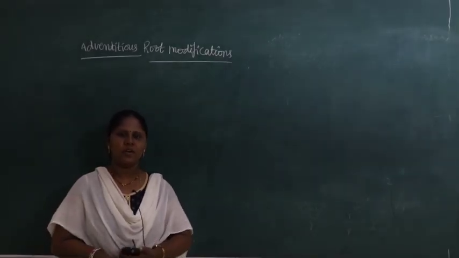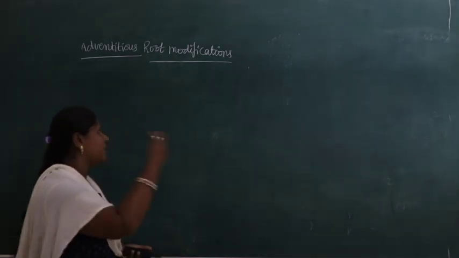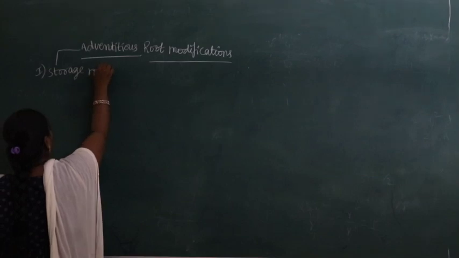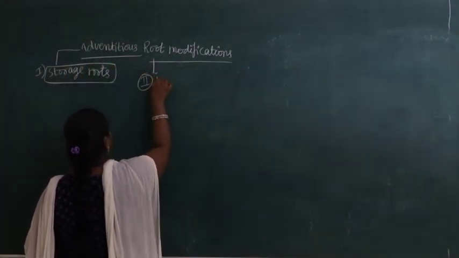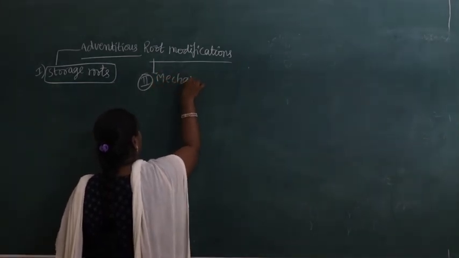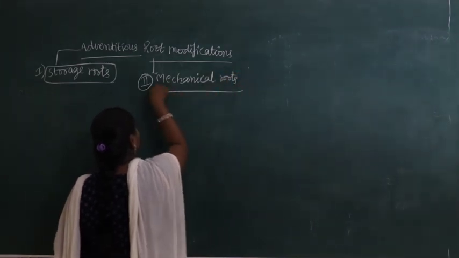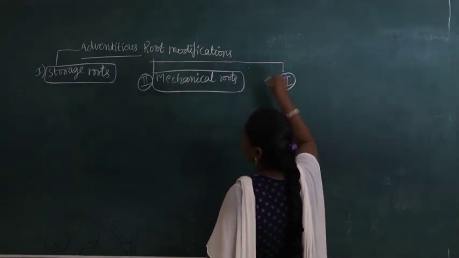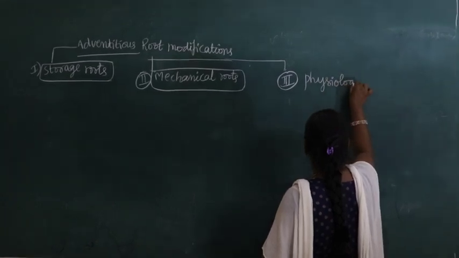Let us continue with adventitious root modifications. Now altogether in adventitious root modifications, what did we study? We have three categories. What are they? Storage roots, and then second category is mechanical roots, and then third category is physiological roots.